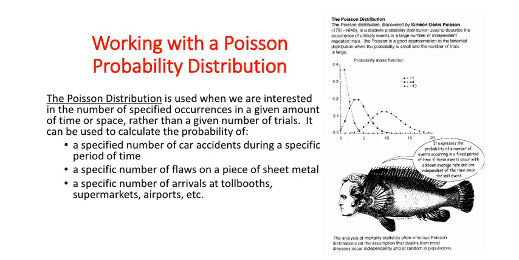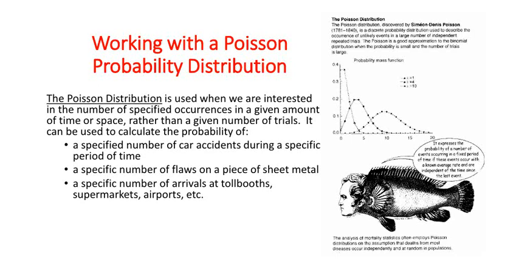The Poisson distribution is used when we're interested in the number of specified occurrences in a given amount of time or space, rather than a given number of trials. It can be used to calculate the probability of some of the following. For example, a specified number of car accidents during a specific period of time, or a specific number of flaws in a piece of sheet metal, right?